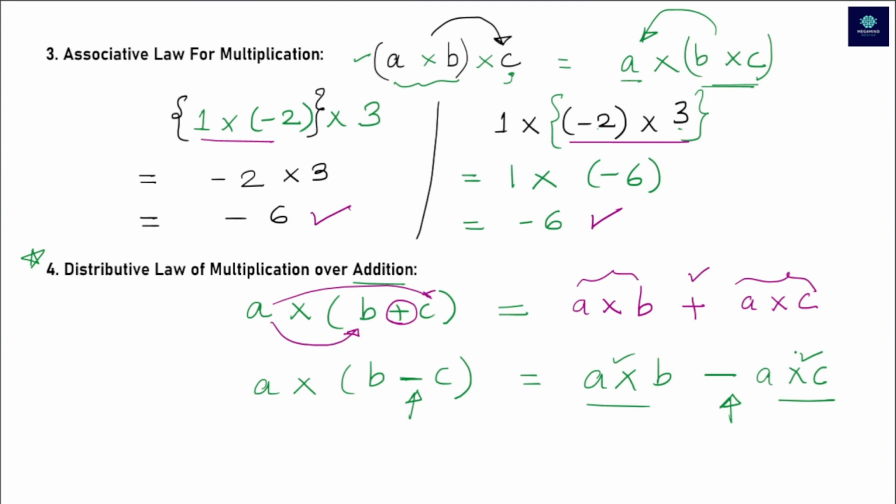It is one of the very important properties that we are actually going to make use of in the exercise as well. Now coming to the fifth property, that is existence of multiplicative identity. Let us take any integer a, and when I multiply this a with 1, or multiply 1 with a, my answer is going to come a itself, right?